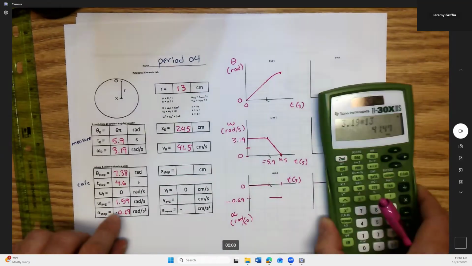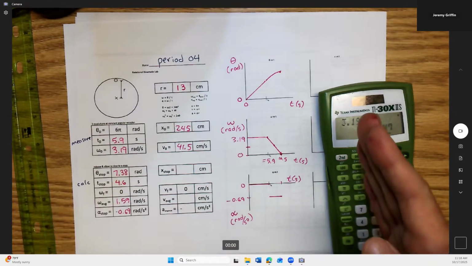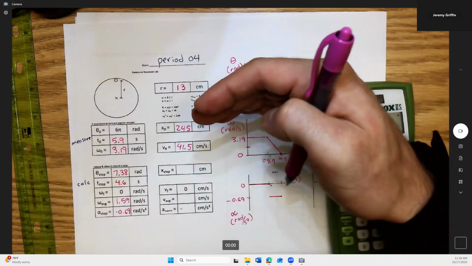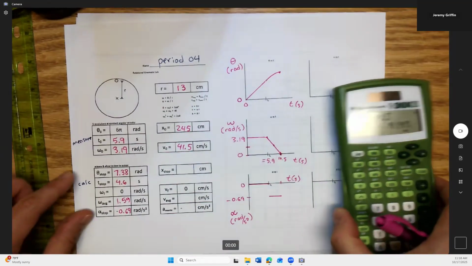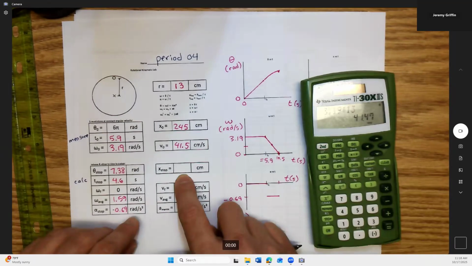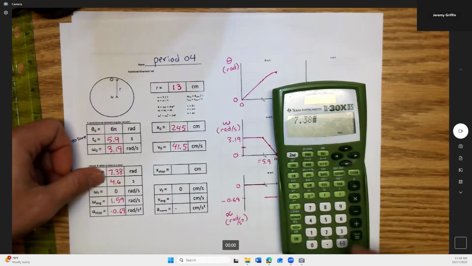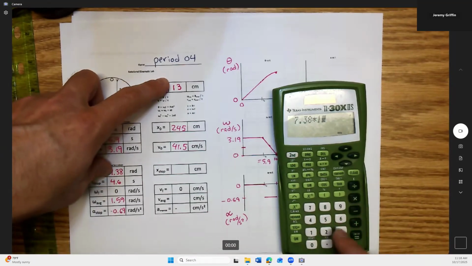How about the stopping distance? Again, a car on a circular track braking to a stop: if you straighten that out to a straight line, what distance is that? That's what this is right here. I take my 7.38 radians that it was rotating to a stop and multiply by 13 centimeters.